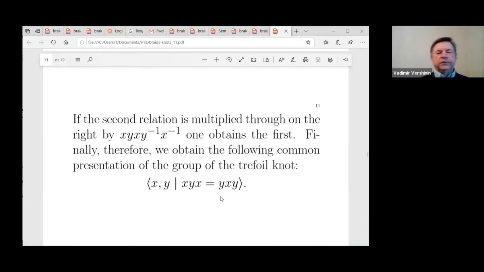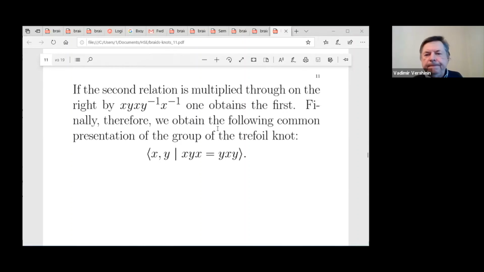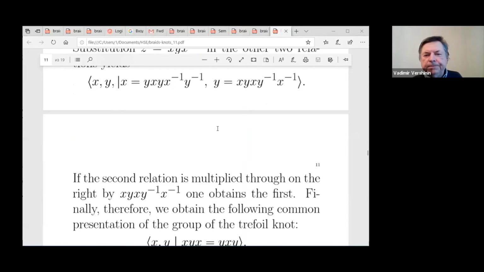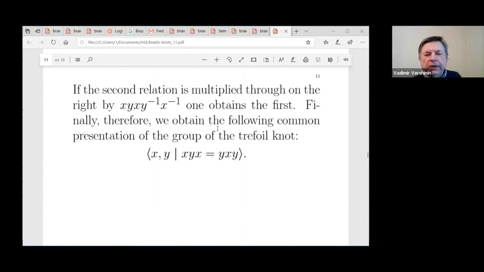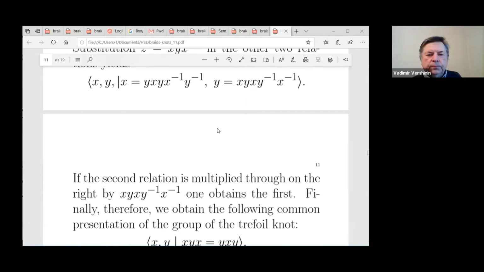So you have this beautiful form of this group generated by two elements, x and y, and one symmetric relation. Okay? Is it clear? Yes. Rafael? Yes, okay.